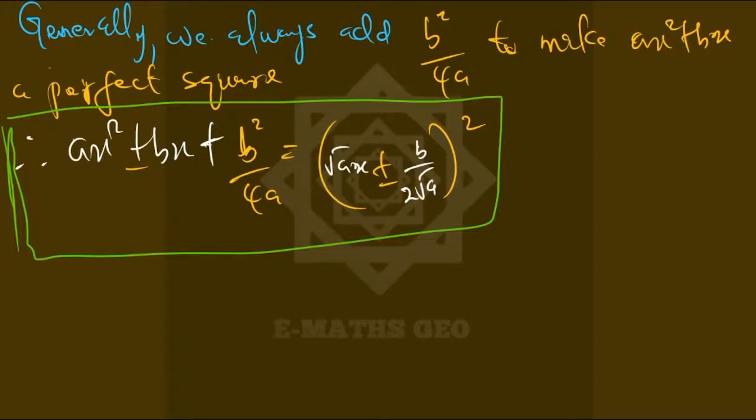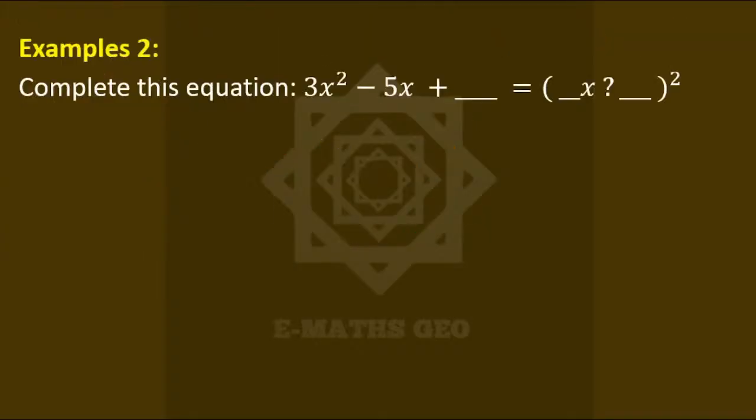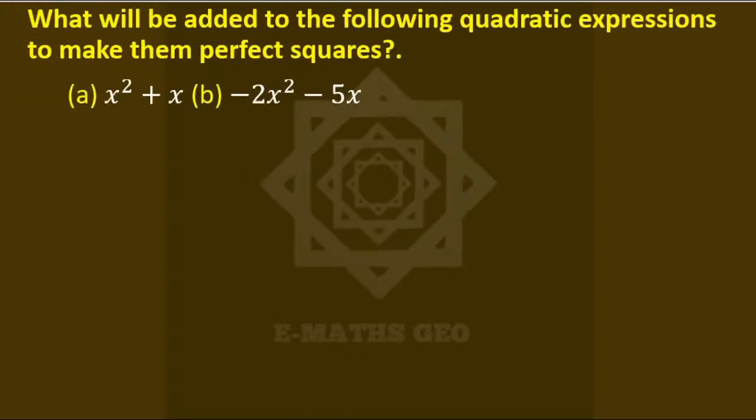So let's look at this question now. Okay, let's do example 1 first. They say what will be added to the following quadratic expression to make it a perfect square. Like what I've said, all you need is to know a and b.